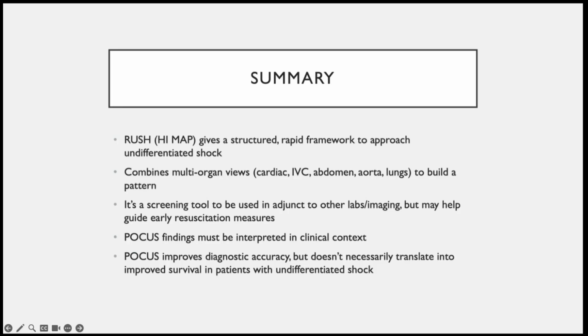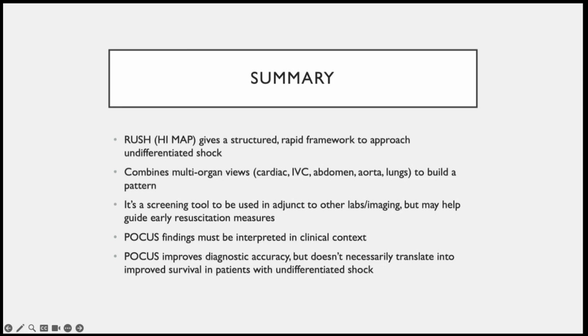So, quick summary of what we've talked about. We discussed the RUSH method and the HIMAP framework to give us a structured and rapid approach to our patients with undifferentiated shock.